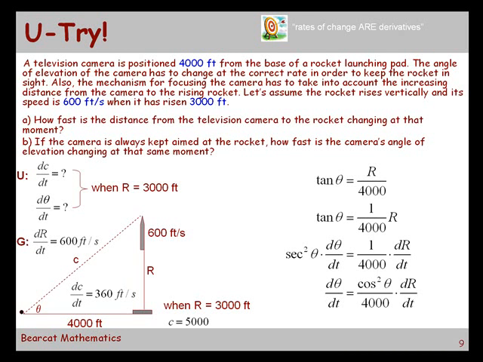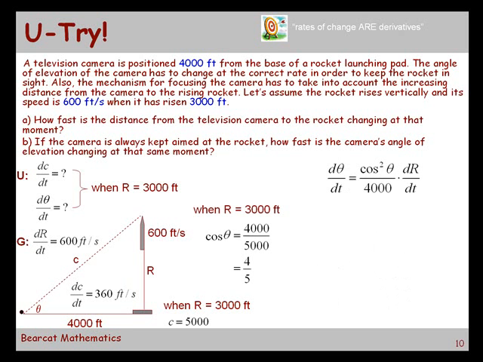What's the reciprocal of secant? Cosine, right. So what I've done is I've divided both sides by secant squared, which is the same as multiplying by cosine squared. If we look at this triangle, at the instant when r is 3,000, c is 5,000, I should be able to find the cosine of angle theta, because it's just adjacent over hypotenuse. So cosine of angle theta should be 4,000 over 5,000, or 4/5.